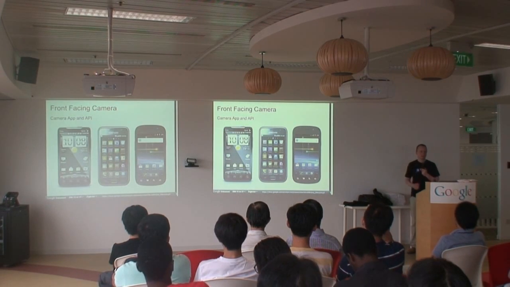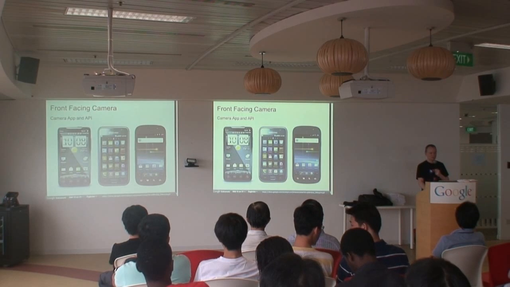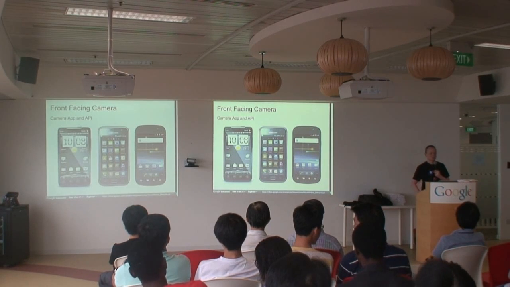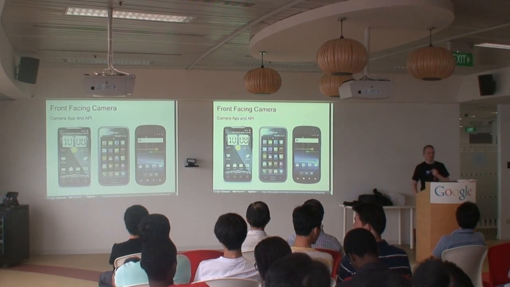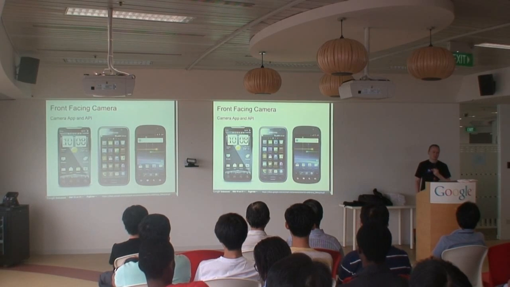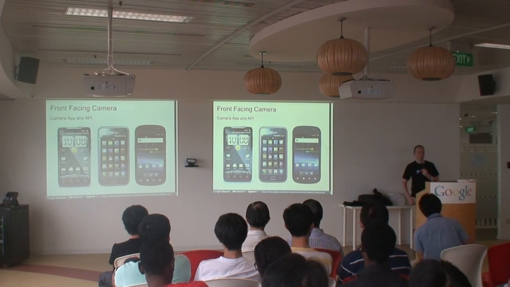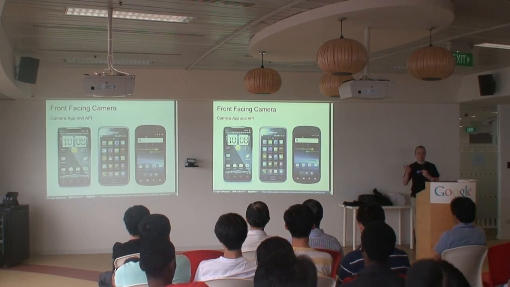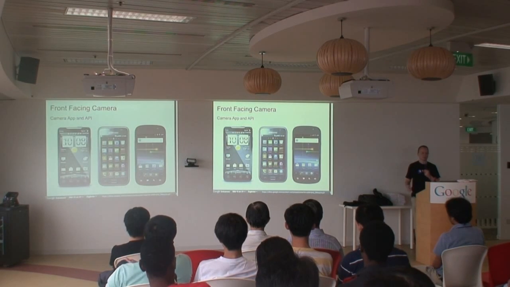Now it's part of Android. So it will be easier to make applications like video calling and stuff like that. In addition, it's also added to the camera app in Android. So when you take a photo, you can choose whether you want to use the back camera or the front-facing camera.